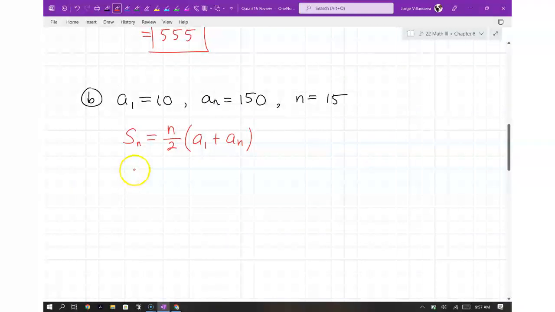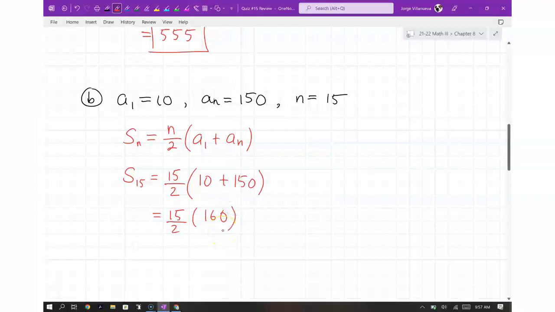What is my n value? 15, so that's going to be 15 over 2. A sub 1 is 10, and a sub n is 150. So that's 15 over 2, and that comes out to 160.